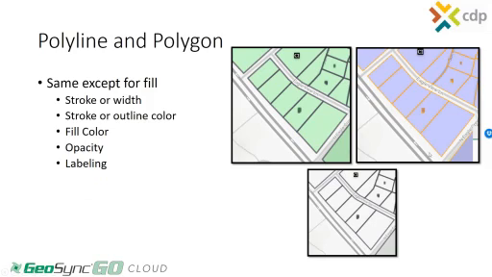So if we look at this, we have three options over here. We have the same data with the style set up a little bit differently. These are polygons, or these would be parcel lines or parcels. In this case, we have a green fill and a dark gray outline. We have a blue fill and an orange outline. And then an example here where we have a transparent fill.